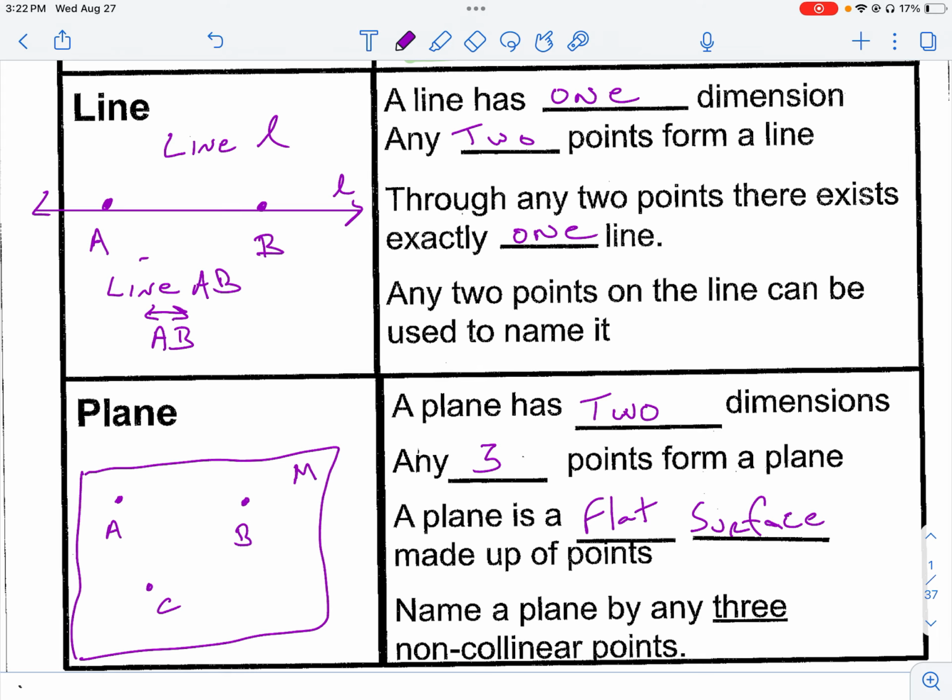If there's a dot, it's a point. If there's no dot, we're naming the plane. So this plane is plane ABC, or we could call it plane M. And we know that M is the name of the plane because we don't have 3 points. We're not talking about a point.